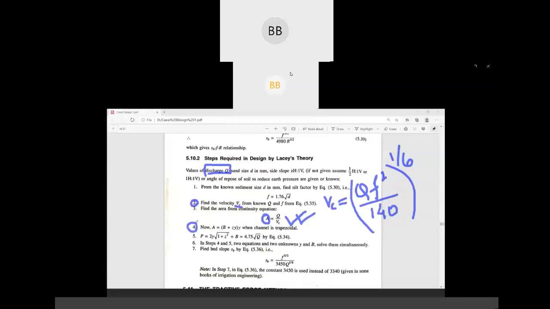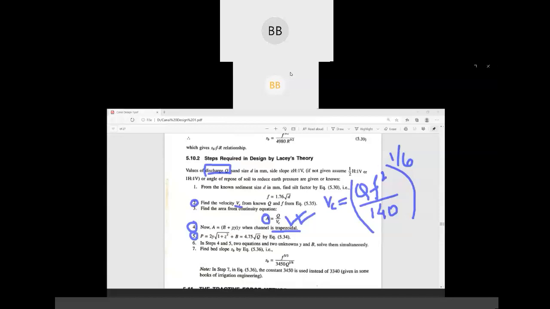Then in step number 4, you are going to use the expression for area of a trapezoidal channel. In this area expression, area is known to you, but the bottom width of the channel and the y value are not known.